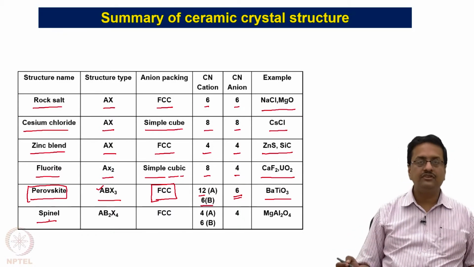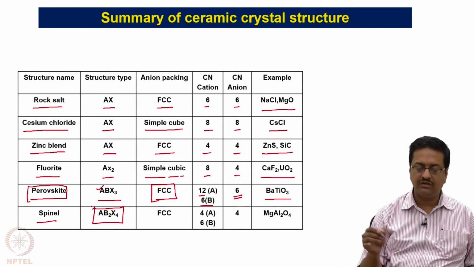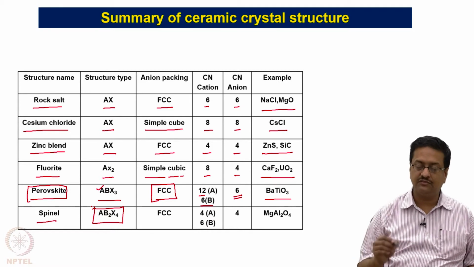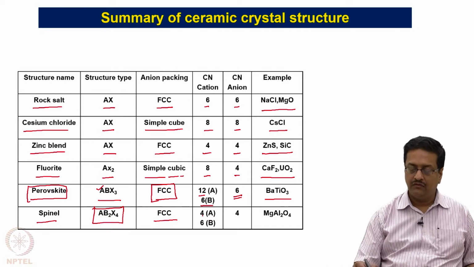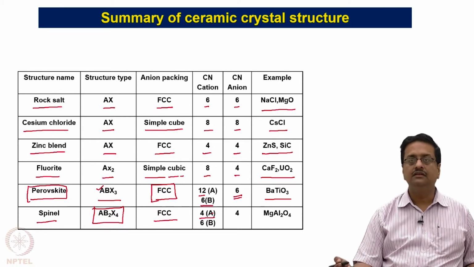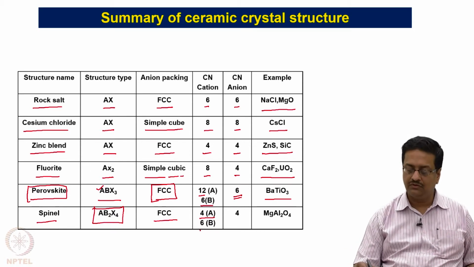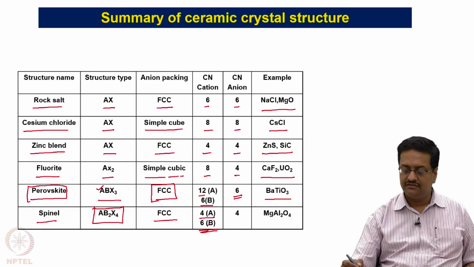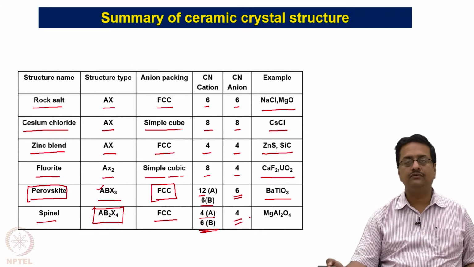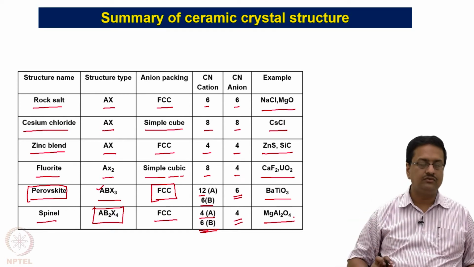And we discussed the spinel structures, where you have an AB2X4 kind of stoichiometric formula. It again occupies FCC, where the cation A, which is a divalent cation, has coordination number 4, and the trivalent cation B occupies octahedral sites with coordination number 6. The anion has coordination number 4, and an example is MgAl2O4.